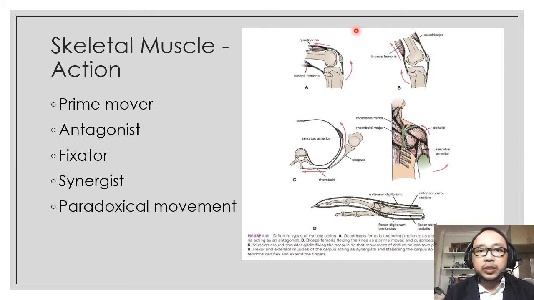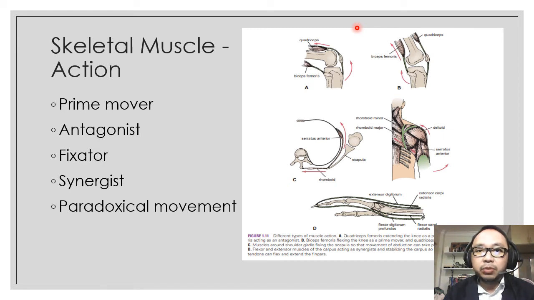Skeletal muscles, in terms of action, can be described as a prime mover, antagonist, fixator, synergist, or paradoxical movement. The prime mover is the chief muscle responsible for a particular movement. For example, when extending the knee joint, the prime mover would be our quadriceps.